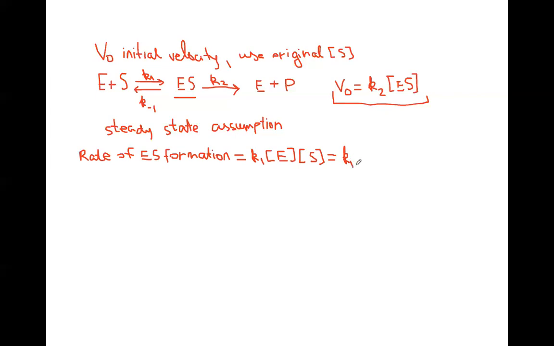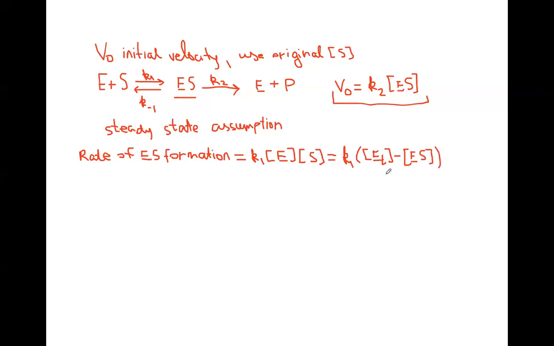And so we can express it as follows. K1 times enzyme total minus the amount of the enzyme that has been complexed with the substrate.